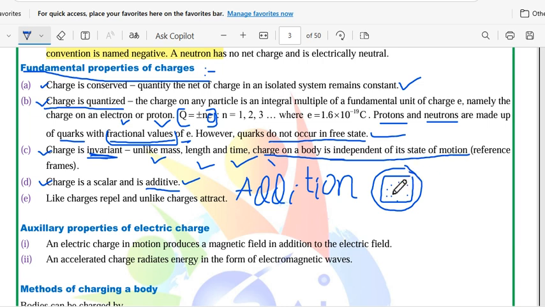That is when charge is additive. Whatever charges are present in the system, those are going to be summed.